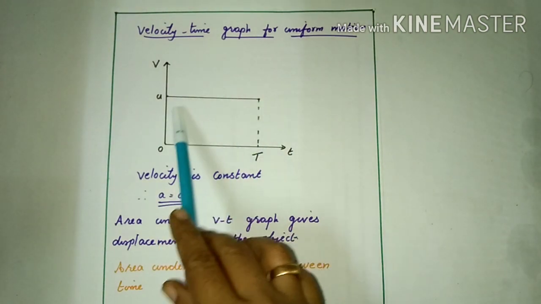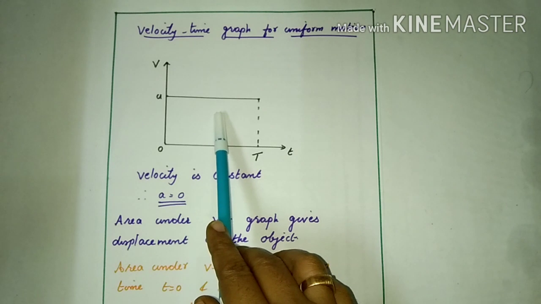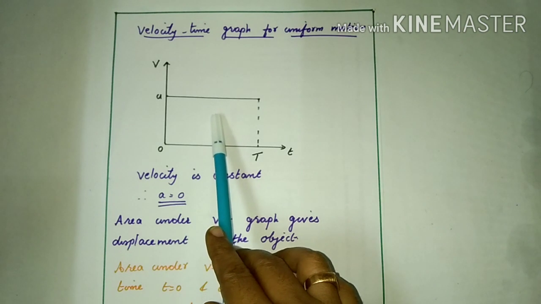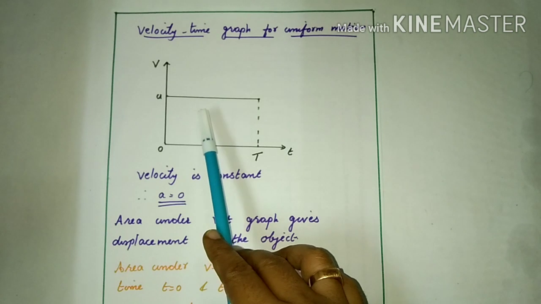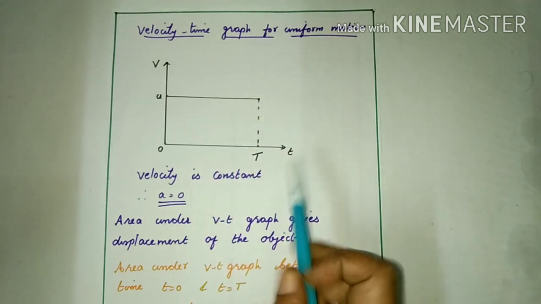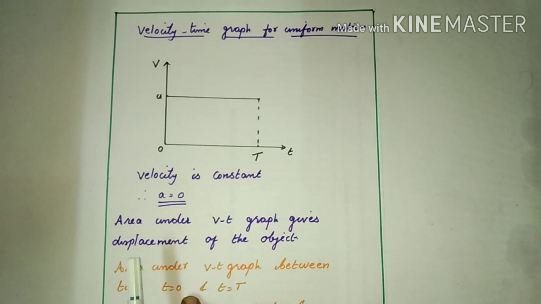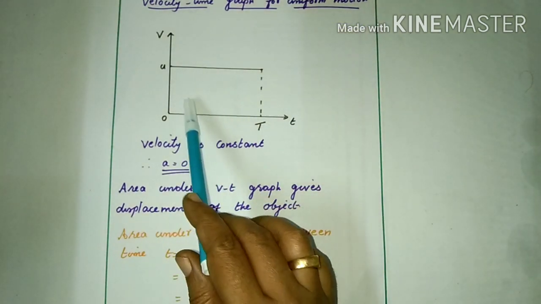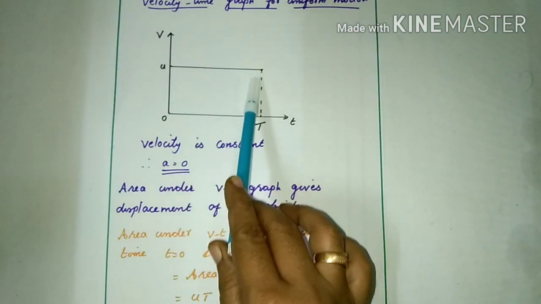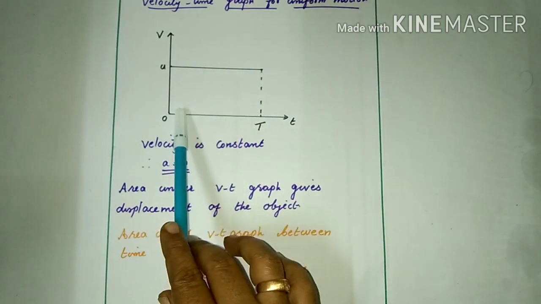From this velocity time graph, we can calculate the displacement of the object, that is the distance moved by the object. So from the velocity time graph, the displacement of the object is equal to the area under the graph.